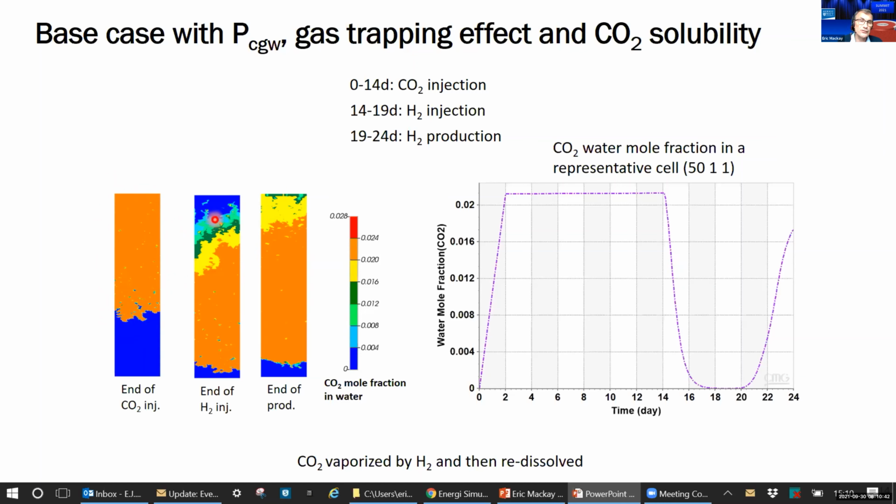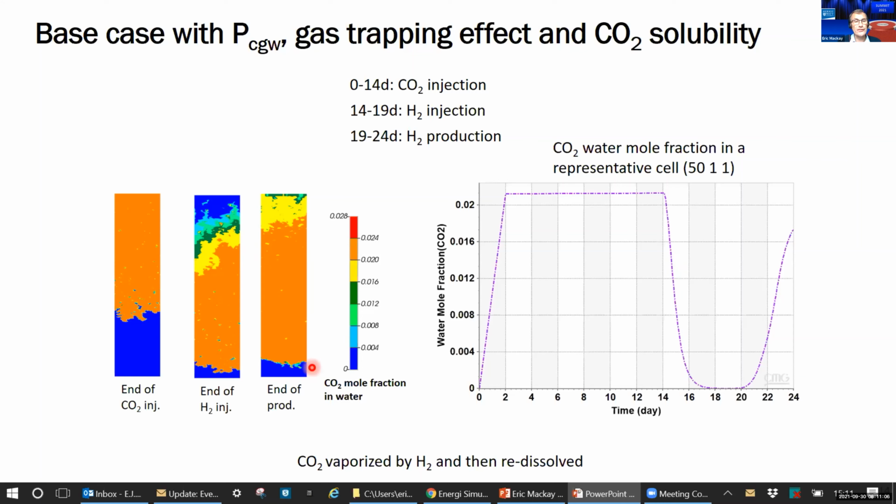When we inject the hydrogen, it's not only displacing the gas phase CO2, the CO2 that had dissolved in the water here repartitions back into the gaseous phase and is displaced away, meaning that at the end of the hydrogen injection period, there's no CO2 either in the gaseous phase or dissolved in the water close to the wellbore.